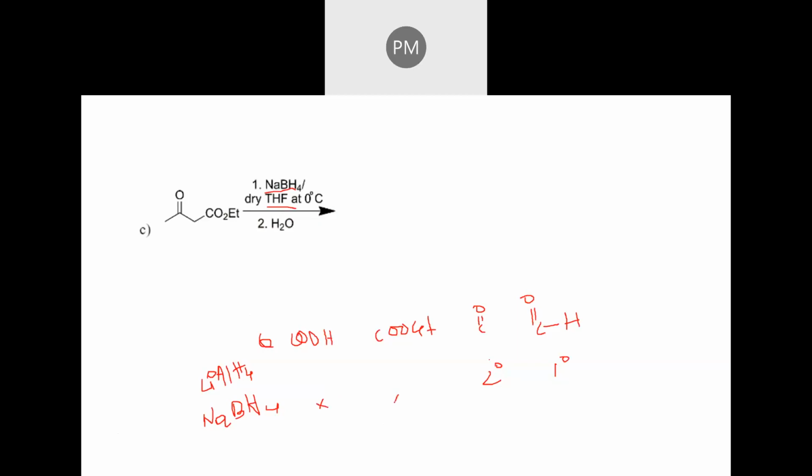So acid and ester are not reduced by NaBH4, but LiAlH4 reduces the acid, ester and everything, producing alcohol.